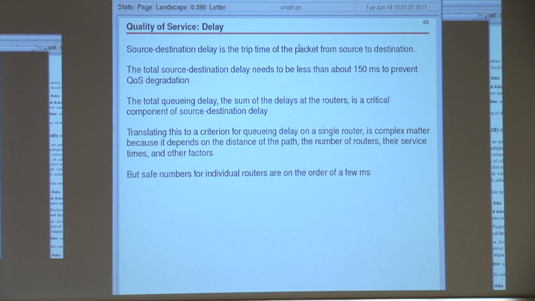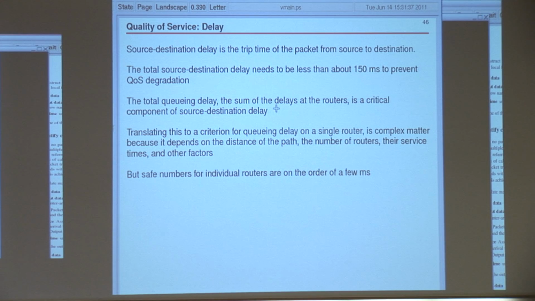Now, this impacts quality of service quite a lot. The source destination delay is the trip time of the packet from the source to the destination, and that needs to be roughly less than 150 milliseconds. The total queuing delay, the time of the delays at the routers, is a critical component of source destination delay.